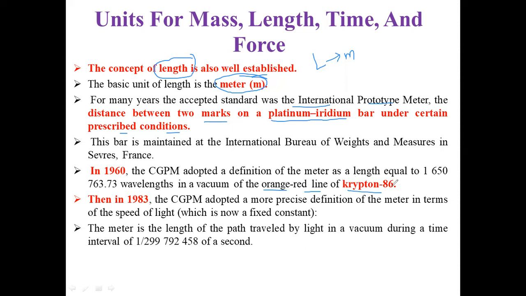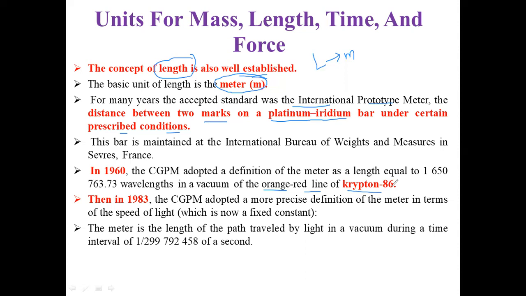What was the definition adopted by the CGPM in 1960 for meter? The length equal to 1,650,763.73 wavelengths in vacuum of the orange-red line of Krypton 86.